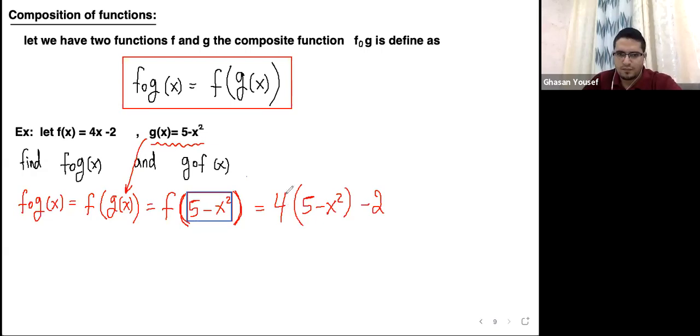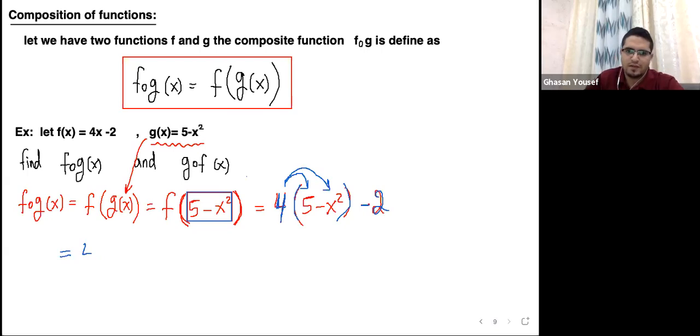So you will get 4 times this piece minus 2. Why did I do that? Because I have to go back to the function f, 4x minus 2, which will be 4 times 5 minus x squared, minus 2. Now you have to distribute the 4 inside the parentheses. You will get 4 times 5. What is 4 times 5?